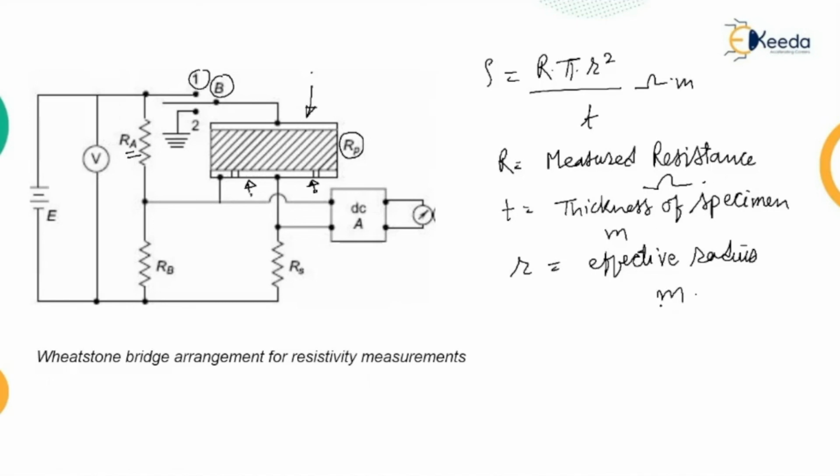So using this network, the volume resistivity rho for liquid specimen with cylindrical electrodes can be measured, right?